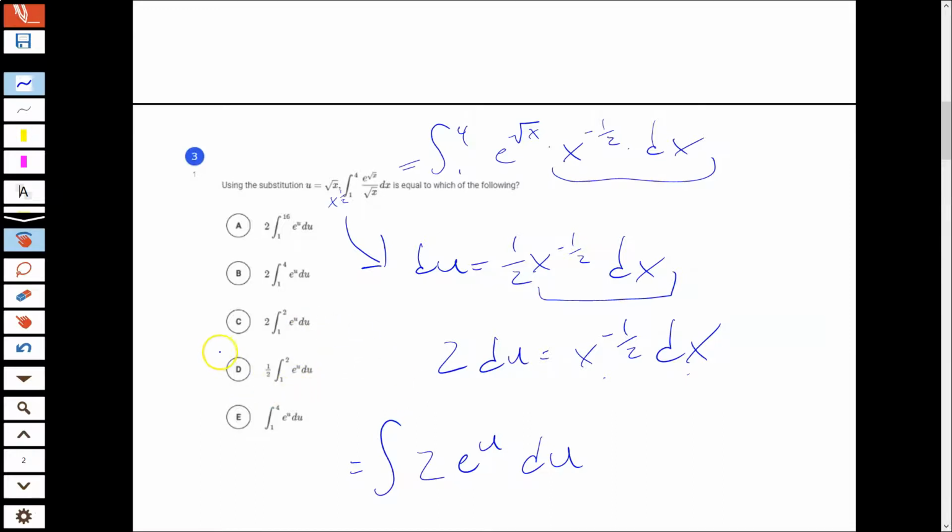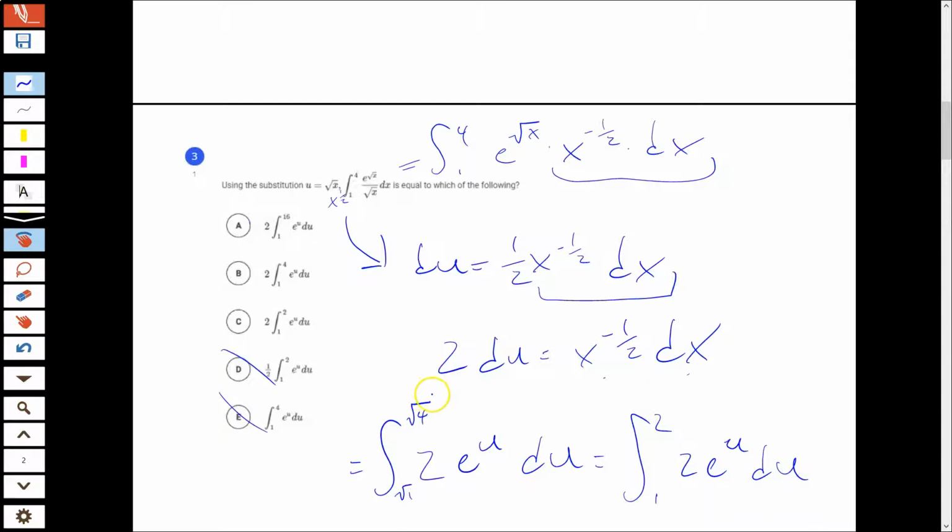And notice we can now eliminate d and e because they're missing that 2. My bounds, well, u is square root of x, so my bounds are going to be the square root of each of these, square root of 4, square root of 1, which is just 1 to 2, e to the u du.